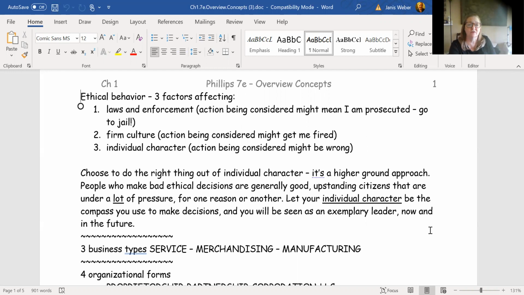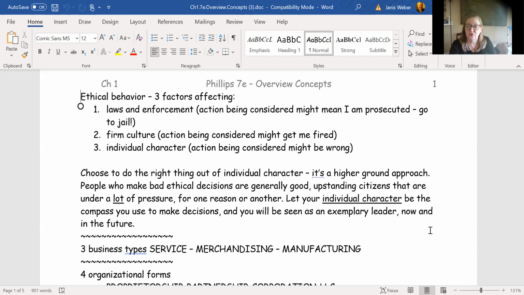Okay, so there's three factors or three levels of what I call deterrence to doing something wrong. The one that gets the most public awareness is the laws and enforcement. And that is the rules that are out there that say, if you do these things wrong, you can go to jail.